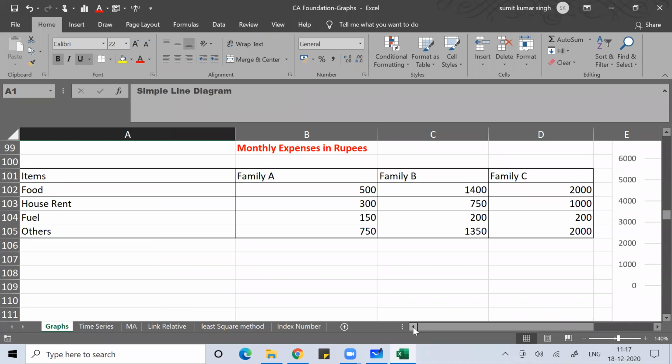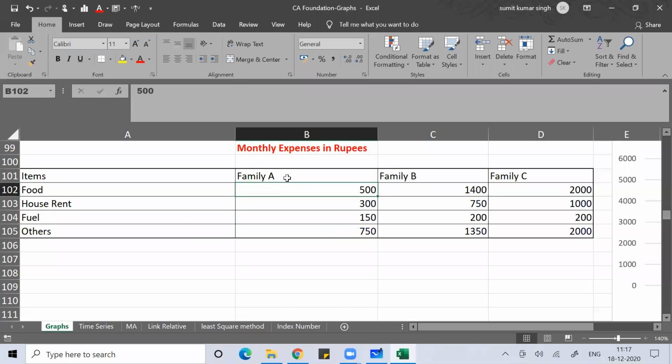Suppose that variable here is family A, and within that variable there are a lot of components: the family spends some money on food, some on house rent, some on fuel, and some on others.